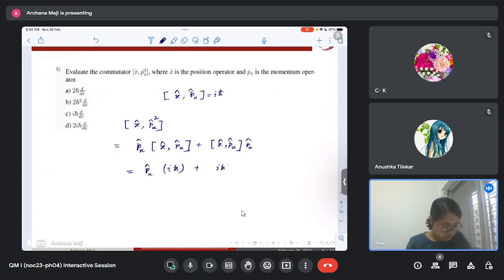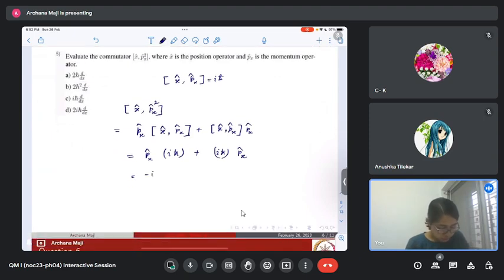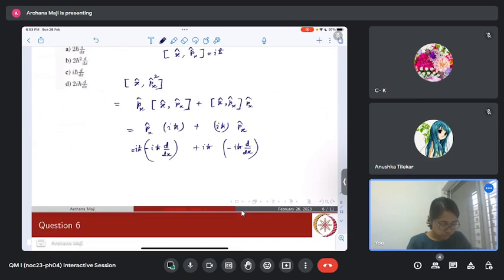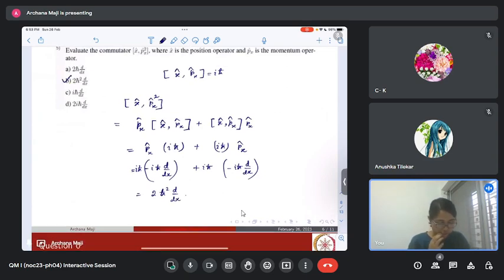This is also iħ, but P is itself minus iħ d/dx. So what do you get? 2ħ squared d/dx. Okay, so the B option is correct.